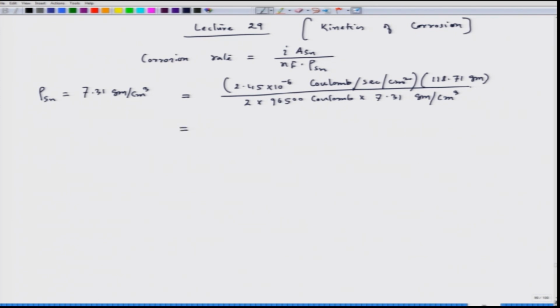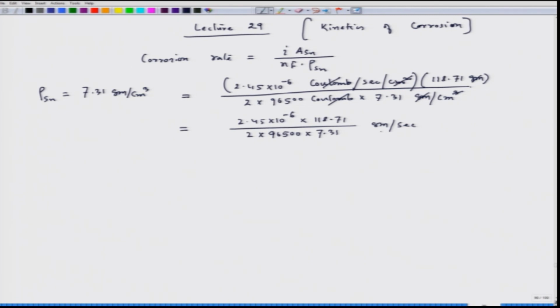Now, I can see that the coulomb can be cancelled out, and this gram also would get cancelled out. So, you are left with 2.45 into 10 to the power minus 6 into 118.71 divided by 2 into 96500 into 7.31 gram per second.